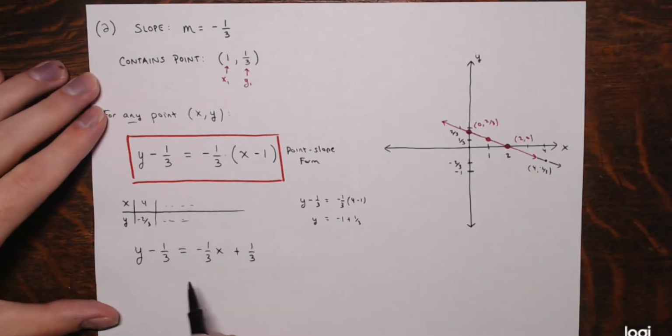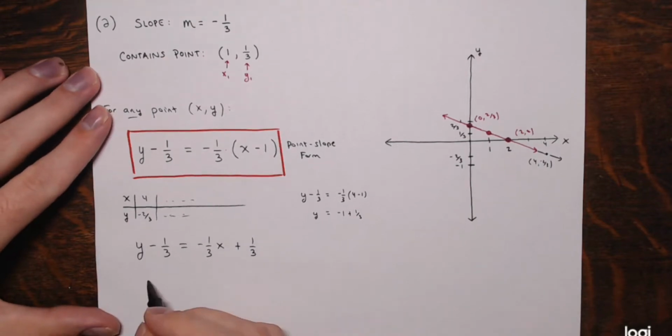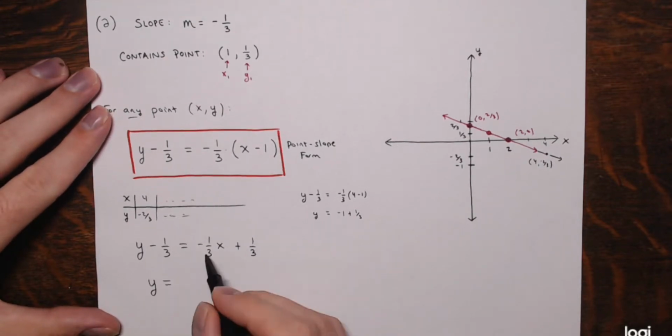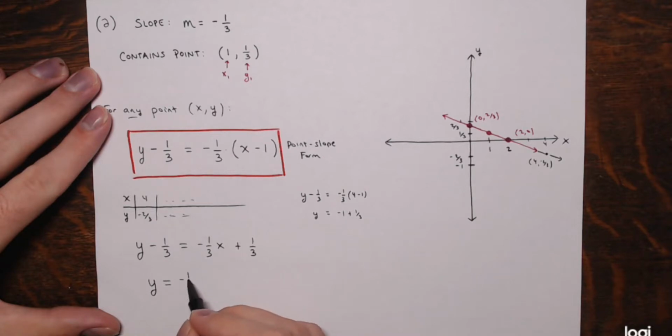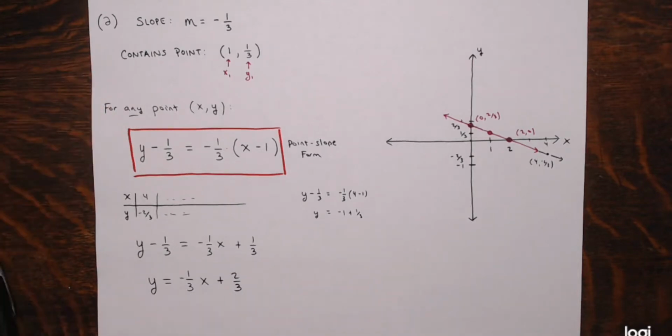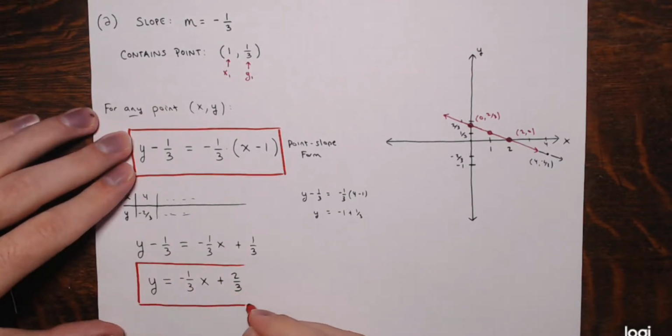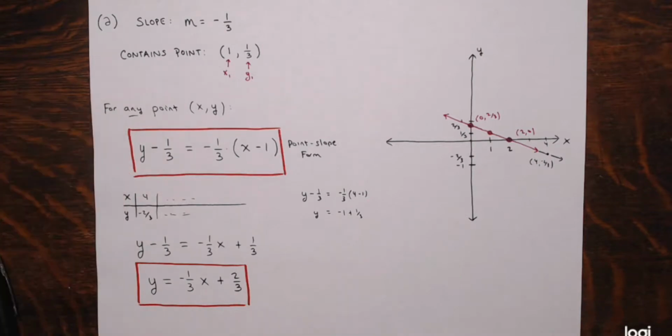Then I would add 1/3 to both sides to get y alone. Y equals negative 1/3 times x, and then 1/3 plus 1/3 is positive 2/3. And here we go. This is solved for y and simplified. This is in slope-intercept form.